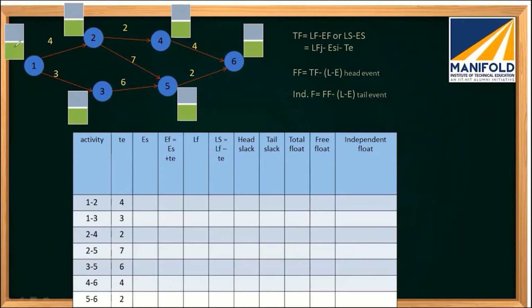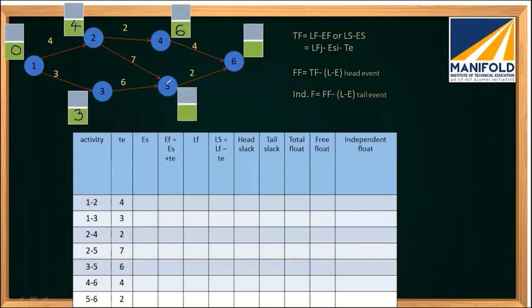The green boxes will represent the earliest start times, and in the blue or gray boxes I will put the latest finishing times. For node 1, the earliest start time will be 0, and for node 2 it will be 0 plus 4, which is 4. For node 3, 0 plus 3 will give you 3. For node 4, it will be 4 plus 2, which gives you 6.